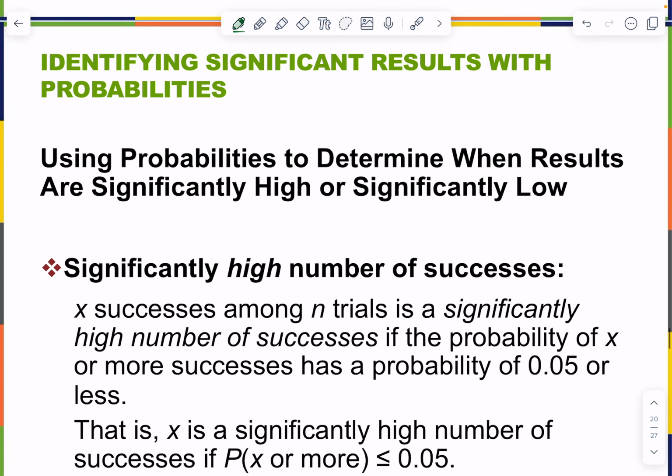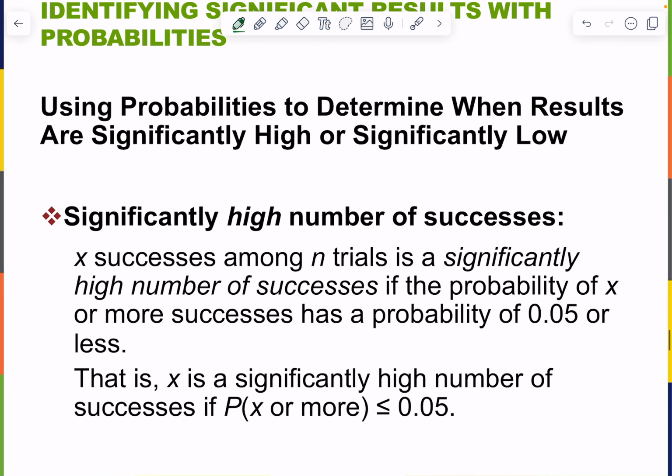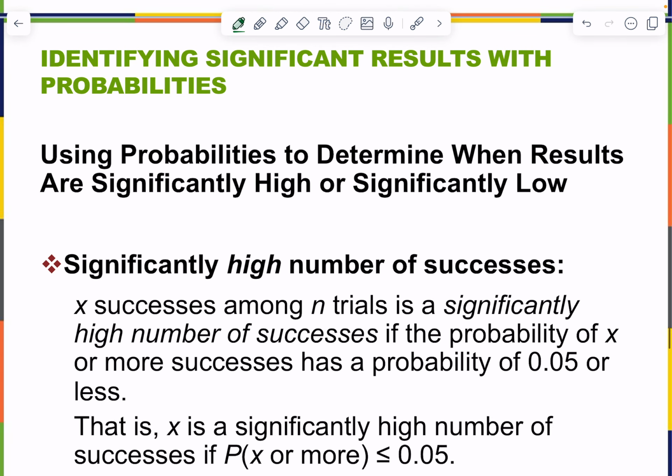All right, identifying significant results with probabilities. Before now, we have identified significance of a result by being 2 standard deviations beyond the mean. This is based off of the range rule of thumb.